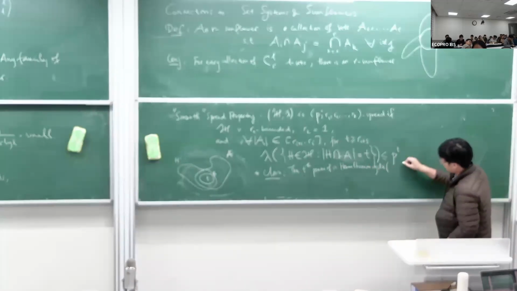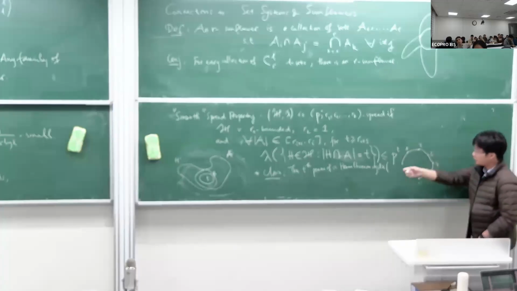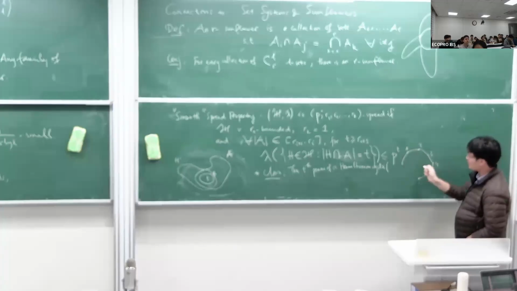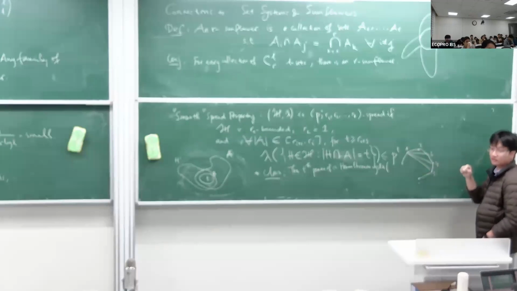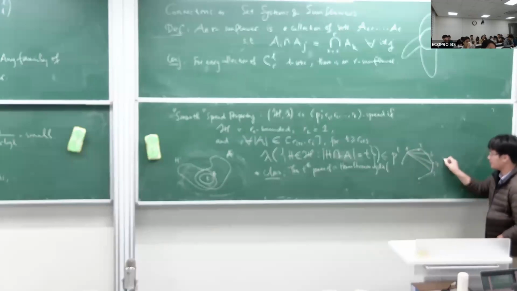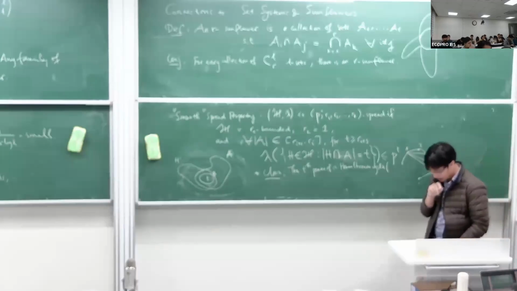This is the Hamiltonian cycle that you usually know. Imagine that you number the vertices 1, 2, 3, 4, 5, and so on. And you also add edges between every pair of vertices that are at distance at most T on the cycle. Okay, so that's the definition of the Tth power of a Hamiltonian cycle.